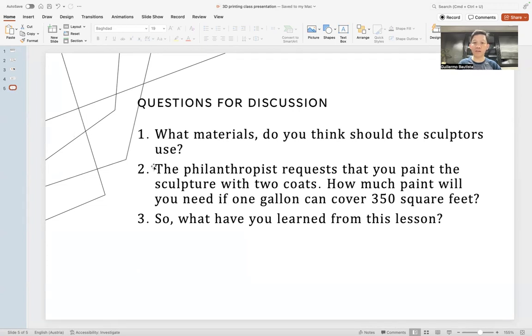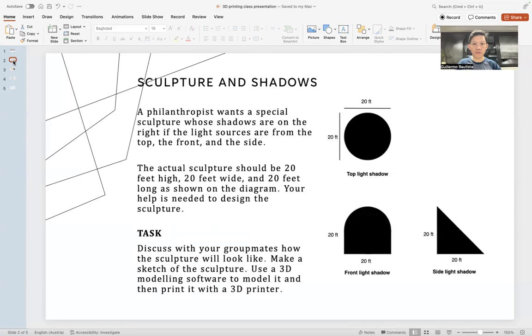Remember earlier that we already specified the dimensions of the sculpture. It is 20 feet high, 20 feet wide, and 20 feet long.